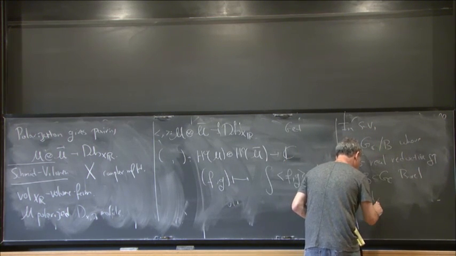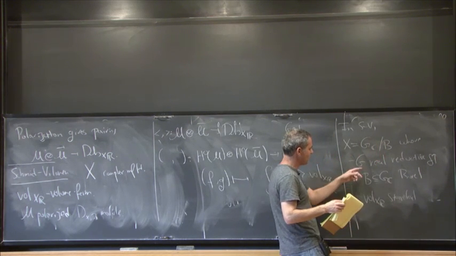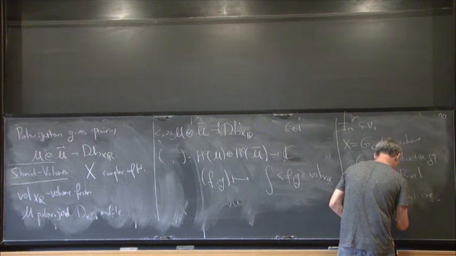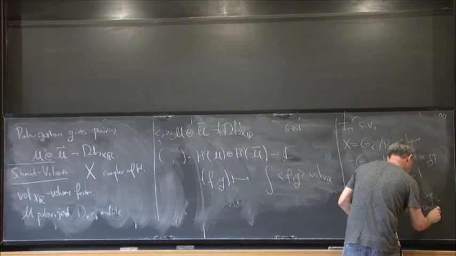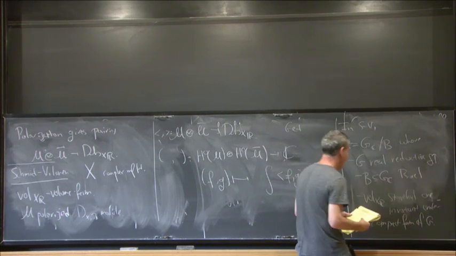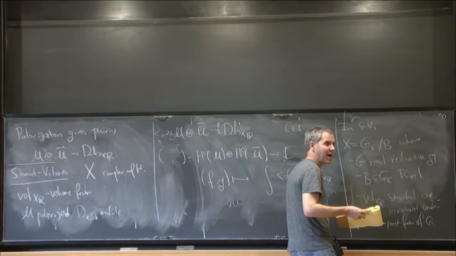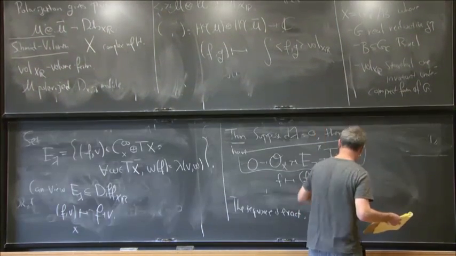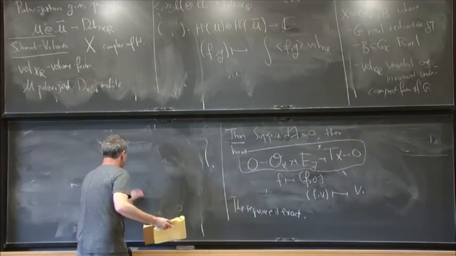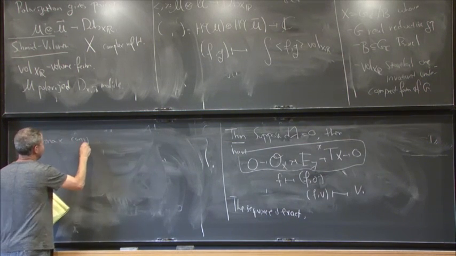The volume form is the standard one, meaning it's invariant under the compact form of G. It might come up that K would be a good name for the maximal compact of G, but that doesn't come up quite yet.